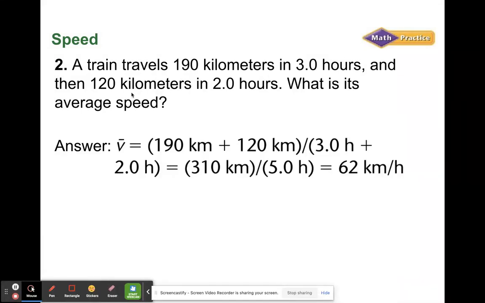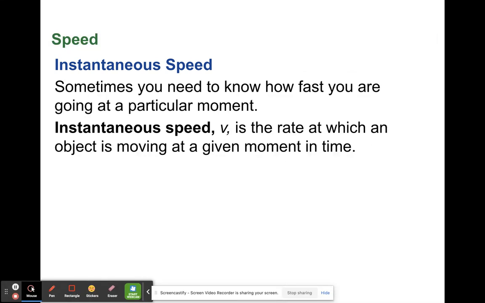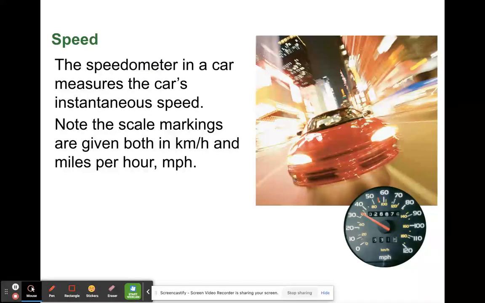They traveled 120 kilometers in 2 hours, so they were probably going about 60 kilometers per hour. So if you looked at their speedometer, it was probably close to 60. So what you see on a speedometer is basically instantaneous speed. It's an average too, but the amount of time that they take to average it is very short and small.